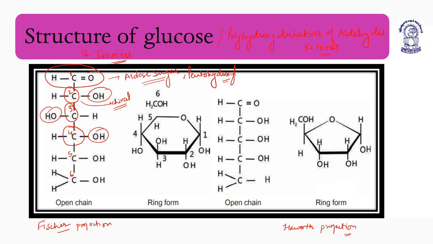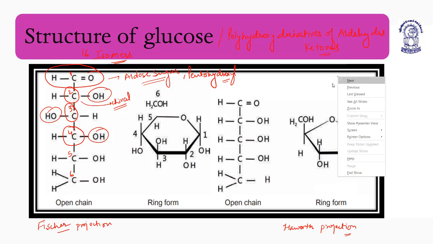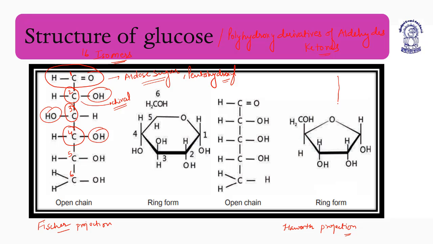Like in case of sugars, if I take the simplest example of glyceraldehyde, which is a 3 carbon sugar, triose: the CHO group, CH2OH group, OH group, and H group.